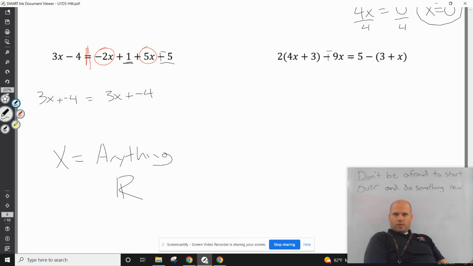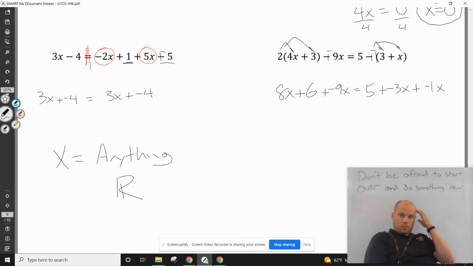Let's see what happens here. I'm going to distribute. Distribute. Same side combined. Yeah, it's another fake out. This is not an all or nothing.